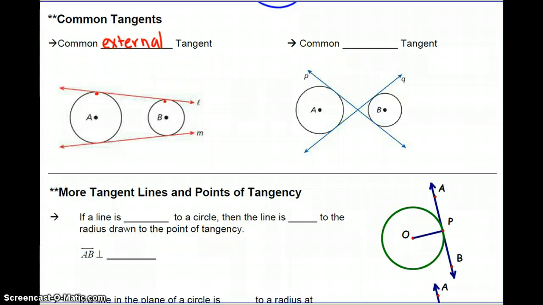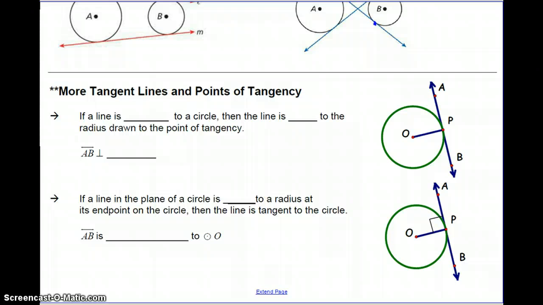Now the difference between this picture for common external tangents and common internal tangents is lines P and Q. They both intersect each circle at one point, but they go in between the two circles. So they go through the space in between the two circles on the inside.